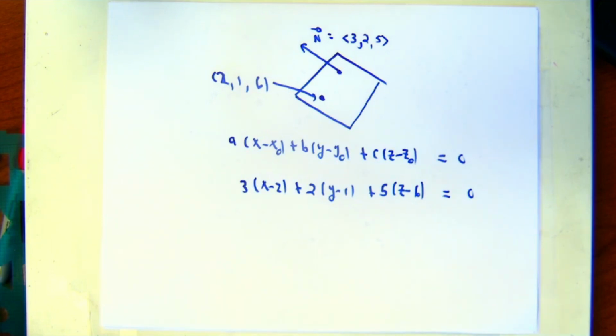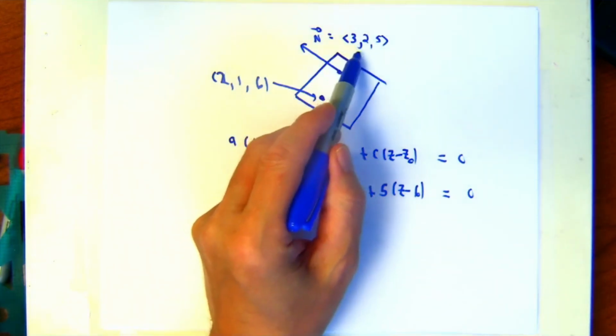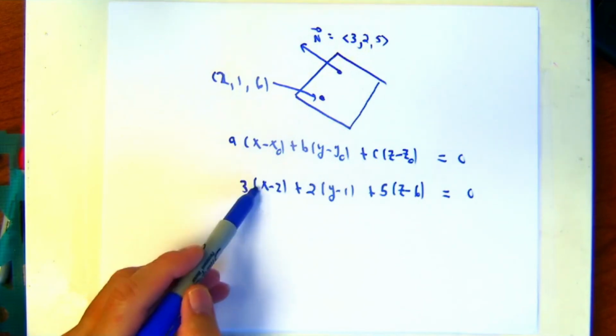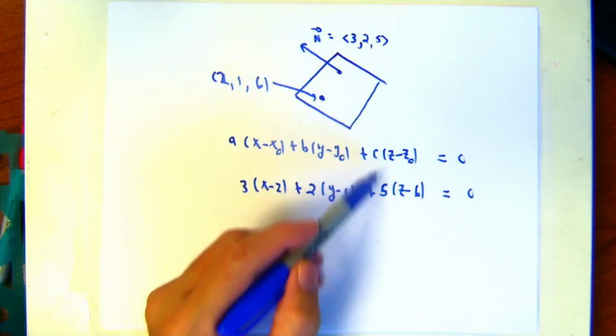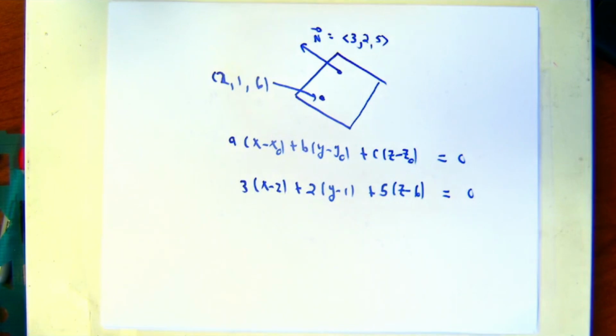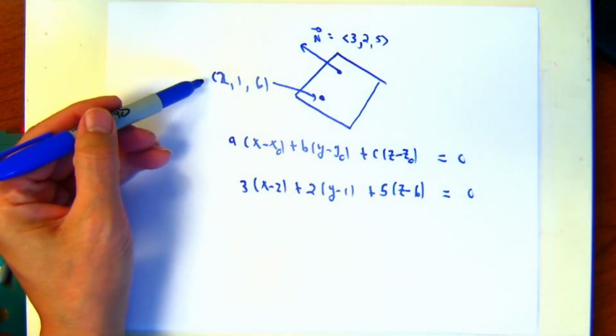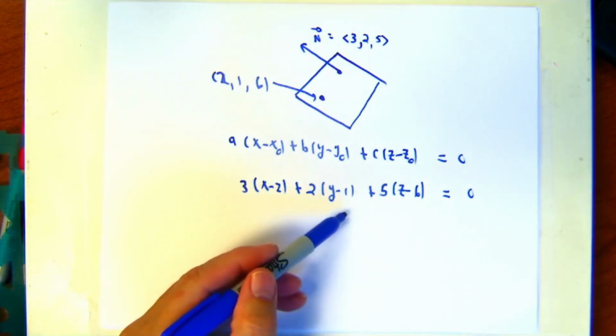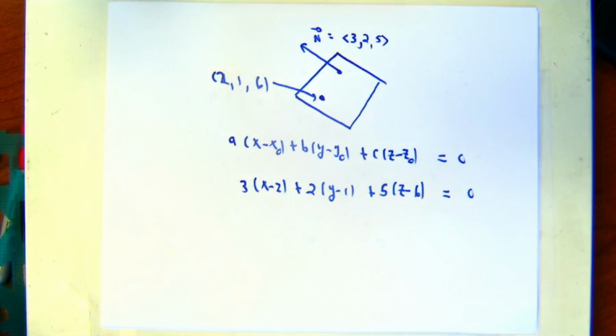The components of the normal vector, the n vector, right angle vector, 3, 2, 5, are the coefficients of the x bit, the y bit, and the z bit, respectively. The thing that I subtract away from x, y, and z are the x, y, and z coordinates of the known point, x minus 2, y minus 1, z minus 6.